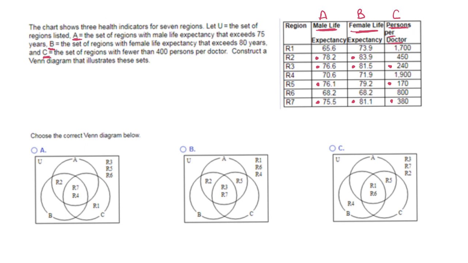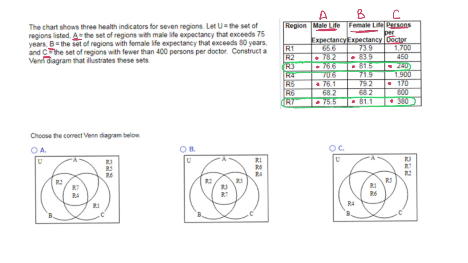So what I noticed on here is that if you look at region 3, it has all 3 of these items with a dot. So that means all 3 sets would contain R3. All right, this also occurs for this R7. Region 7 is marked for each of the 3 sets.